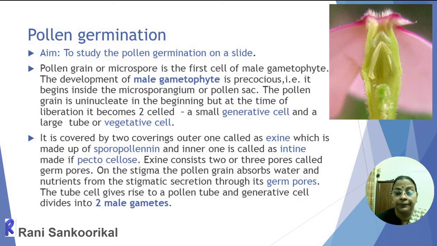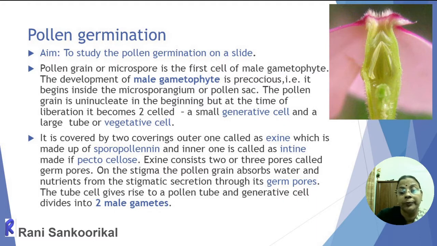Then, as I already said, inside a mature pollen grain there are two cells, a generative cell and a vegetative cell. The generative cell gives rise to two male gametes, and the vegetative cell, which is vegetative in function, helps in the formation of the pollen tube.